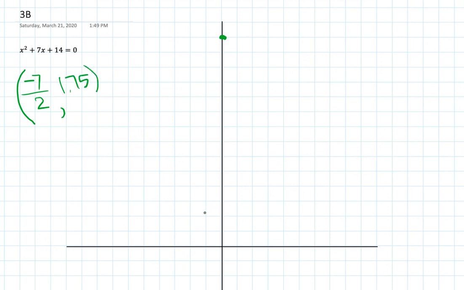Okay, so negative 3.5 and 1.75, something like this. We know it opens up, and this is my y-intercept, this is my vertex, so we will have another point over here-ish. And again, it doesn't cross the x-axis, so this is no solution.